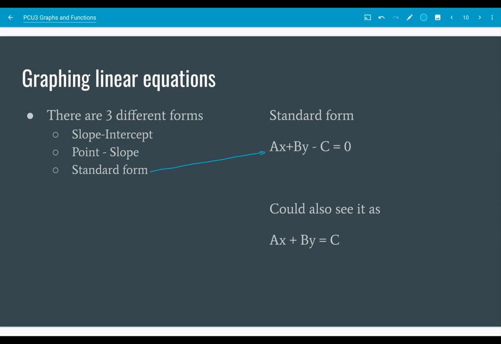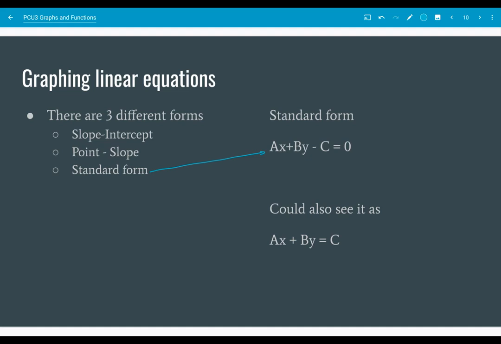If you look at it, it is similar to standard form of a quadratic in terms of ax squared plus bx plus c equals 0. You'll begin to notice as we continue our study that standard form tends to be an equation equal to 0. So that's standard form. Standard form doesn't really tell us a whole lot.